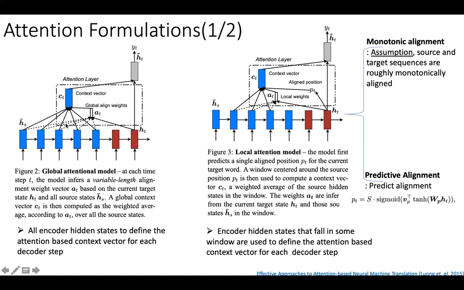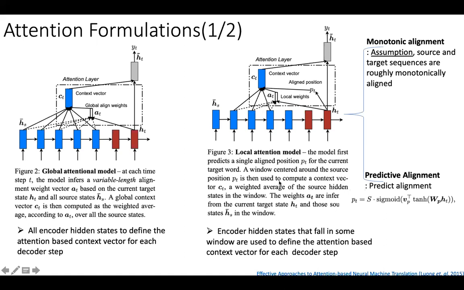So in the global attention model, we consider all the encoder stages and determine the importance of each one of them as an attention score. Whereas in the local attention model, we only consider a subset of encoder stages to determine the importance. Now, how do we compute for which stages we should compute the attention score?